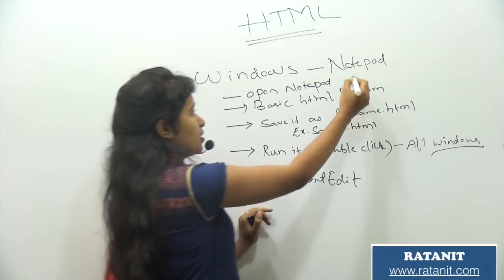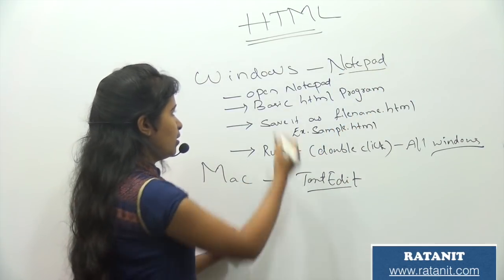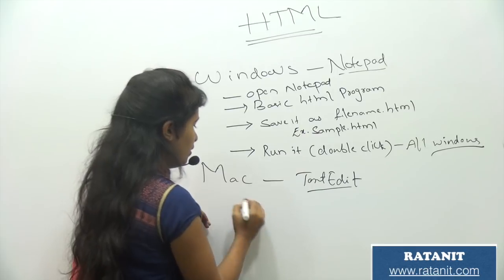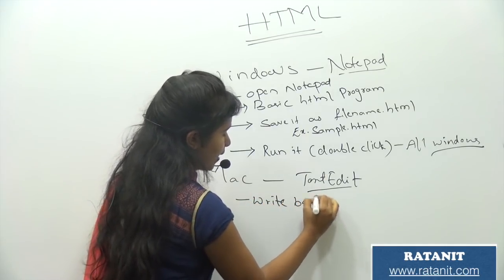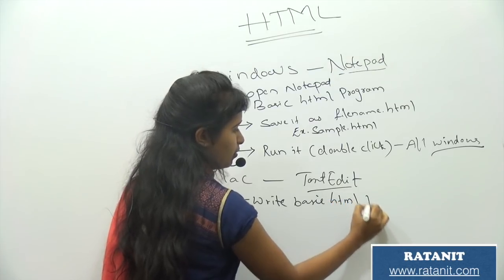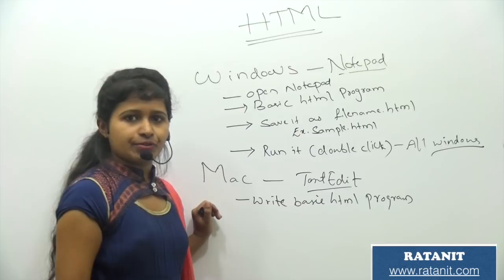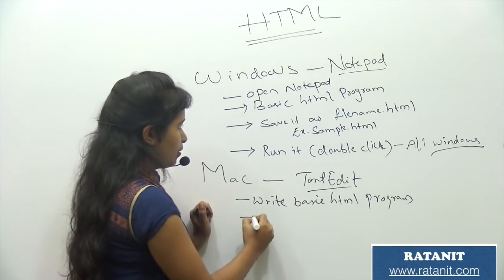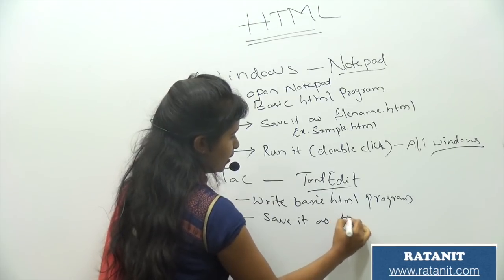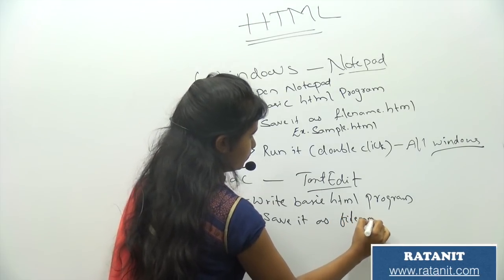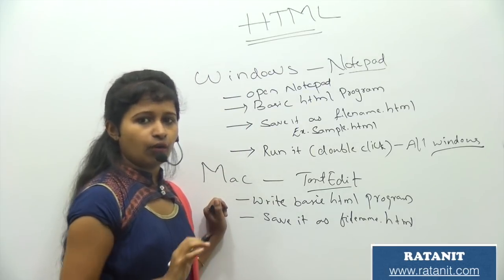Coming to the Mac, the procedure is the same. The only difference is that here you are using TextEdit instead of Notepad. Open TextEdit on Mac, write a basic HTML program, and save it as file name .html, for example sample.html.